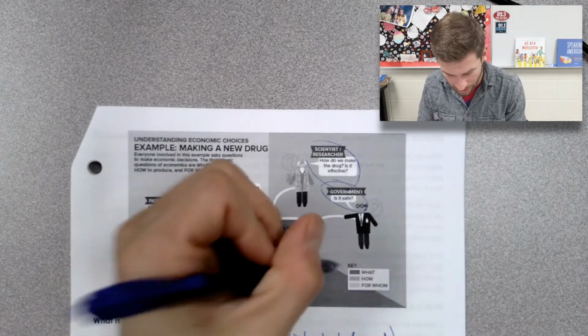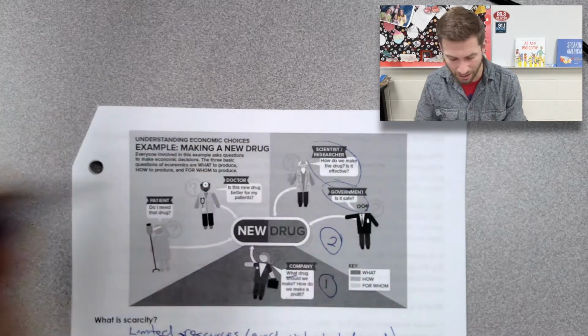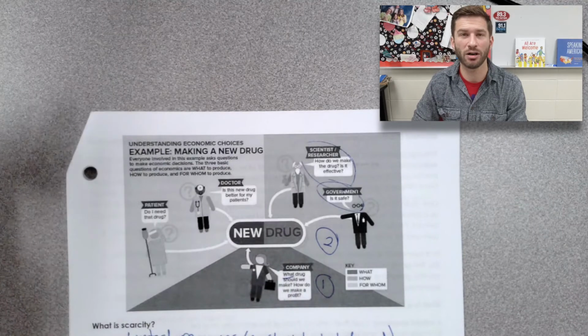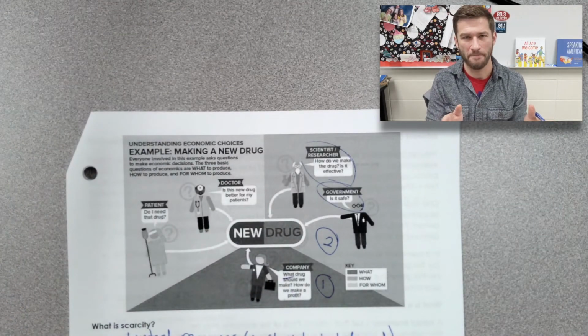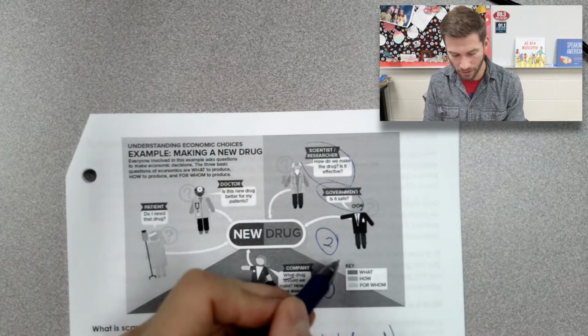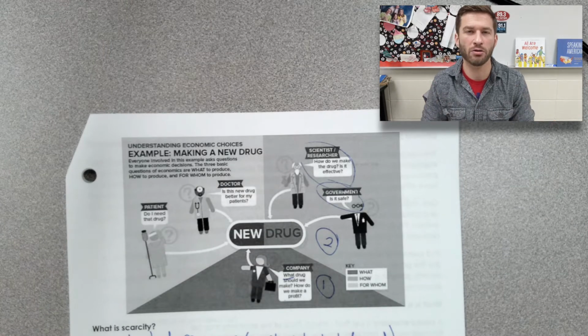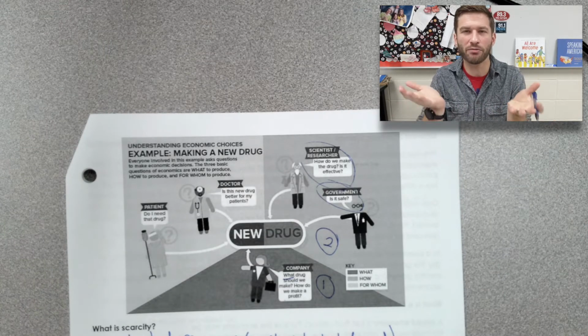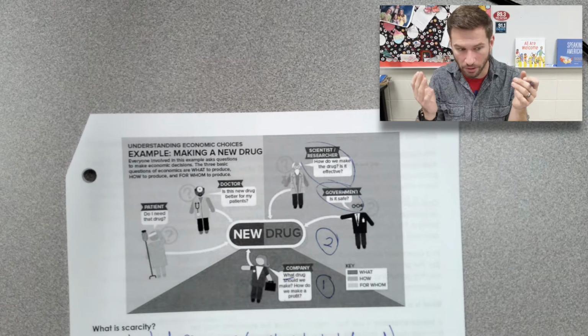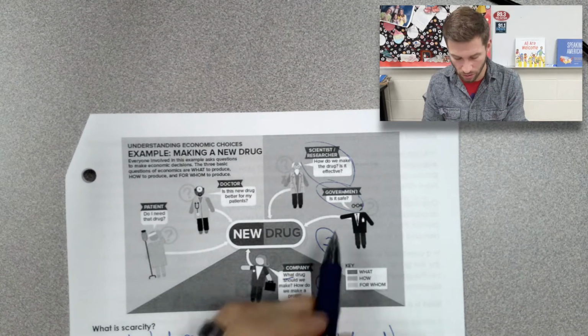So we've got the what first, and then we've got the how second, where the scientists determine the best course of action, the most effective course of action. And then we also have a government body or a regulatory body often coming in and applying some regulations, some rules to ensure that they are safe.